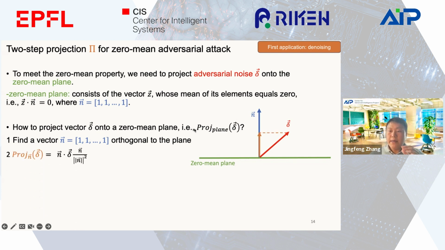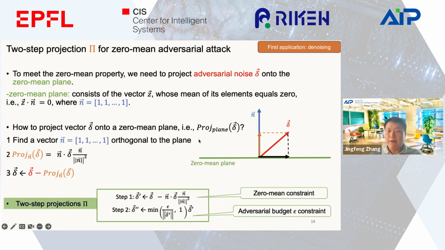Then we project the vector delta along the direction of this all-one vector. Then the adversarial noise delta minus this projection leads to a new vector that is on the zero mean plane. Therefore, the black vector is what we want.